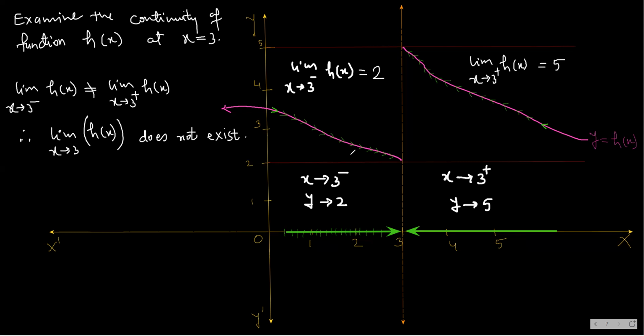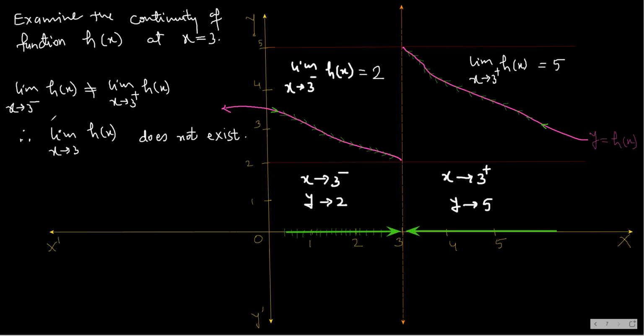You cannot write that limit of h of x as x tends to 3 is 2 or it is 5. You cannot give two values to a limit. Yes, you can definitely say that the left hand limit of h of x when x tends to 3 negative is 2. You can say the right hand limit of h of x when x tends to 3 positive is 5.